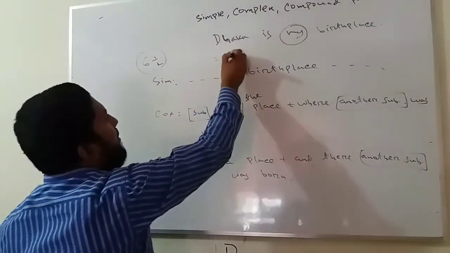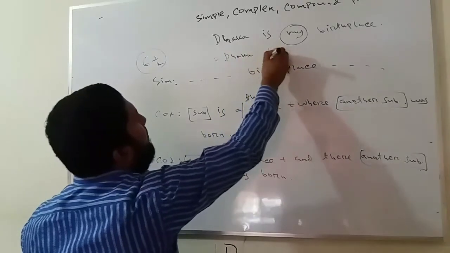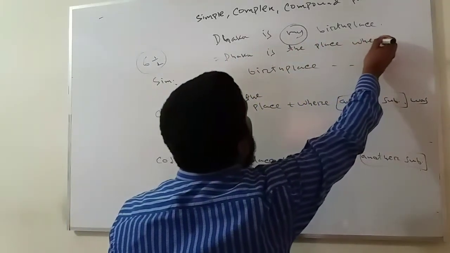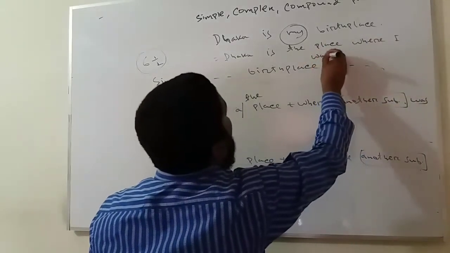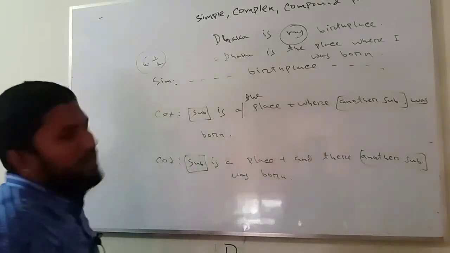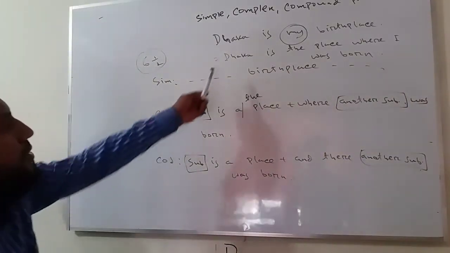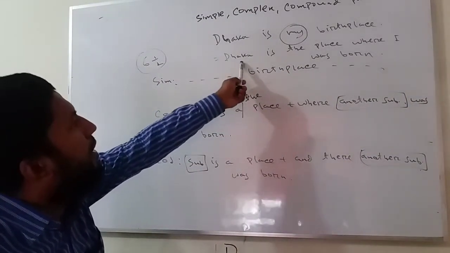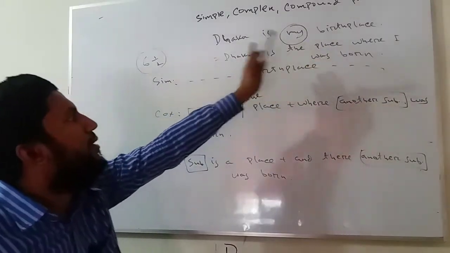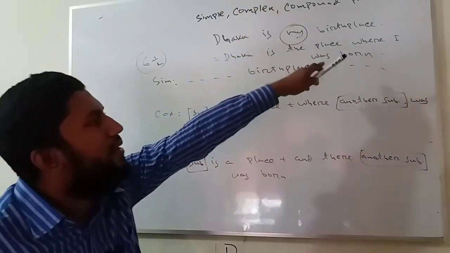So the answer is Dhaka is the place where I was born. If doing compound, the difference is Dhaka is the place and there I was born.